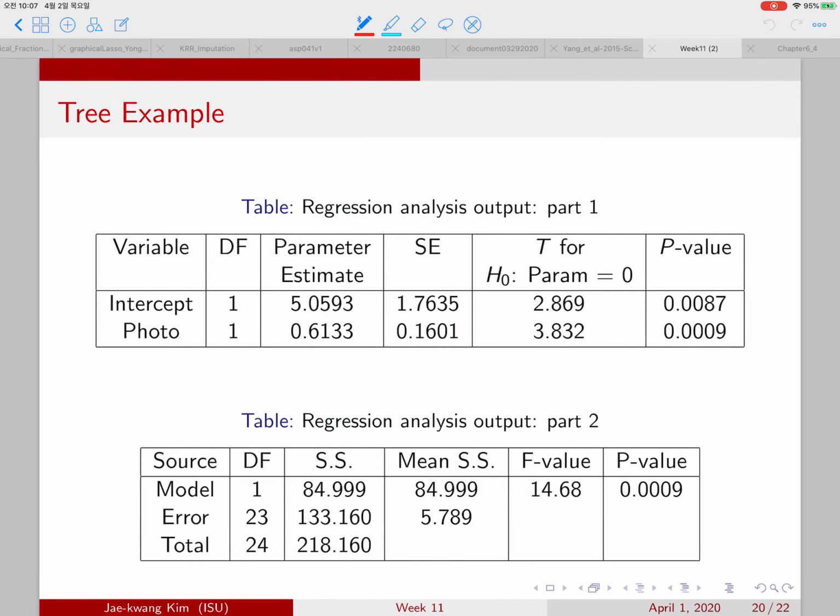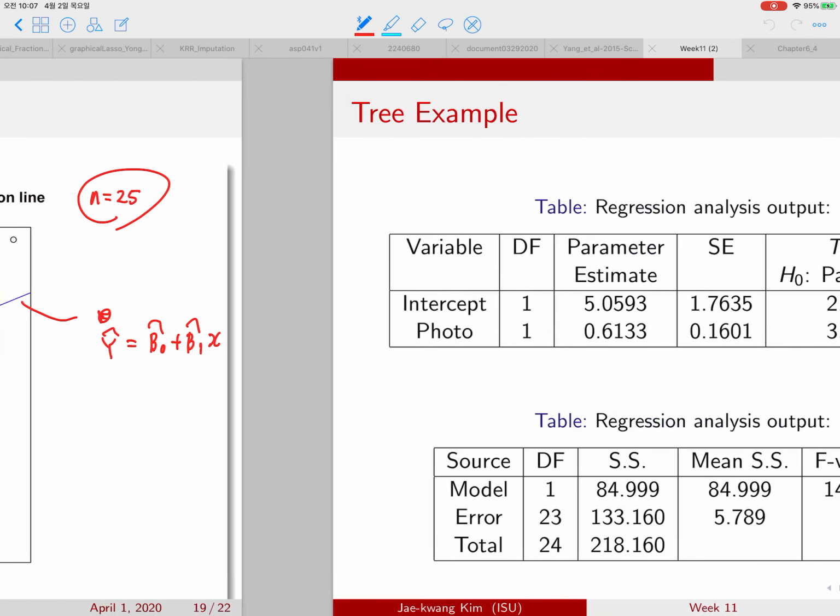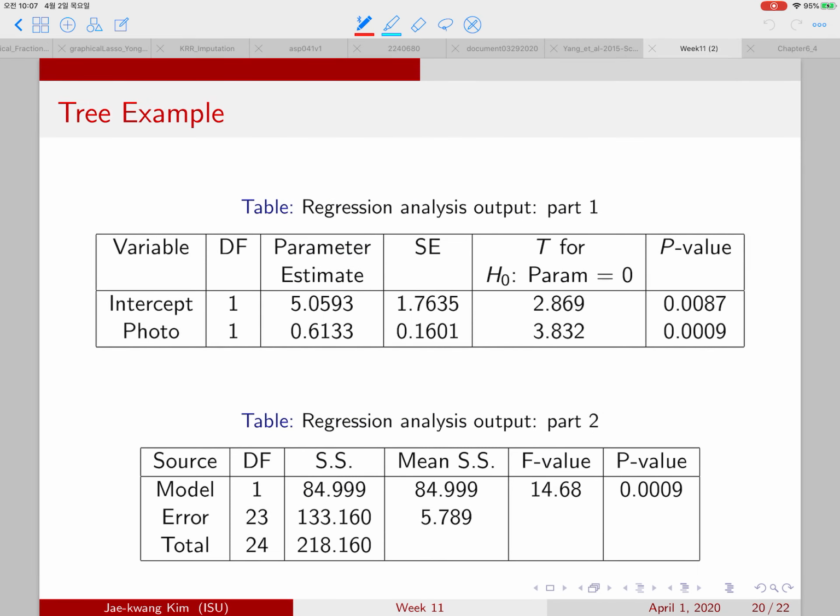Okay, and the table here. So we actually use the 25 samples to analyze it, say using SAS or whatever. We obtain this estimate. So this is B0 hat, this is B1 hat, right? And this is the standard error of the B1 hat estimate.